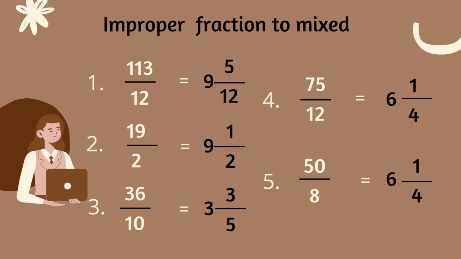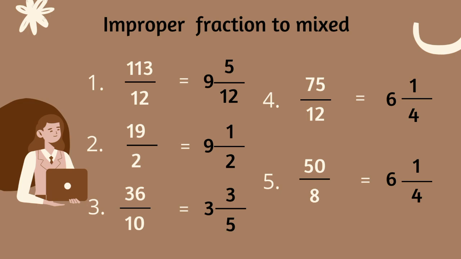And here's the answer. So, 113 over 12, its answer is 9 and 5 over 12. Copy the denominator lang din. So, next naman is 19 over 2. So, answer natin is 9 and 1 over 2. So, number 3 is 36 over 10.